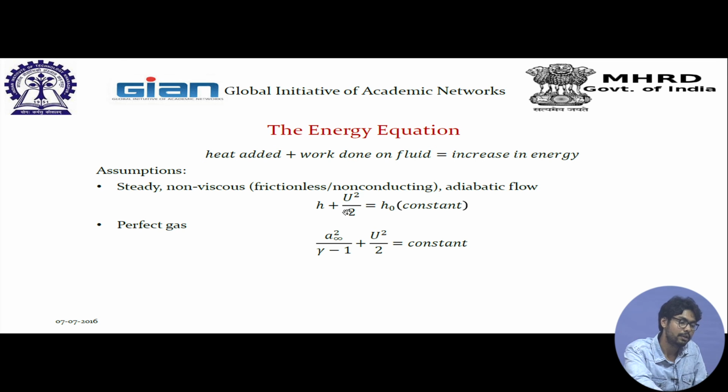Now, going by the definition of enthalpy, which is internal energy plus pressure work, we get h plus u square by 2 equal to h0. That is, the total enthalpy is constant along a streamline. And for a perfect gas, h becomes a square by (gamma minus 1), where gamma is Cp by Cv. So that is constant along a streamline.